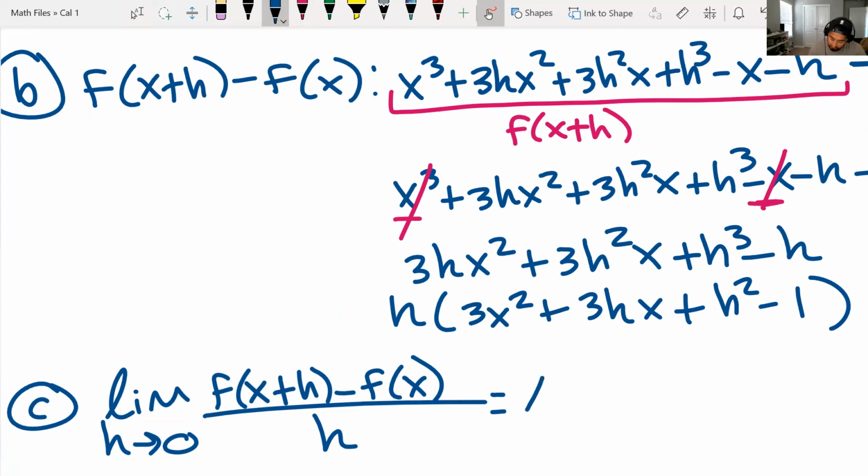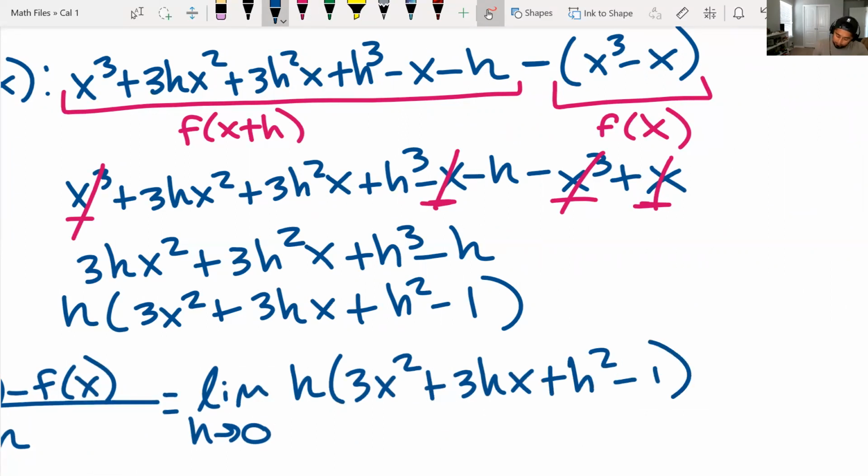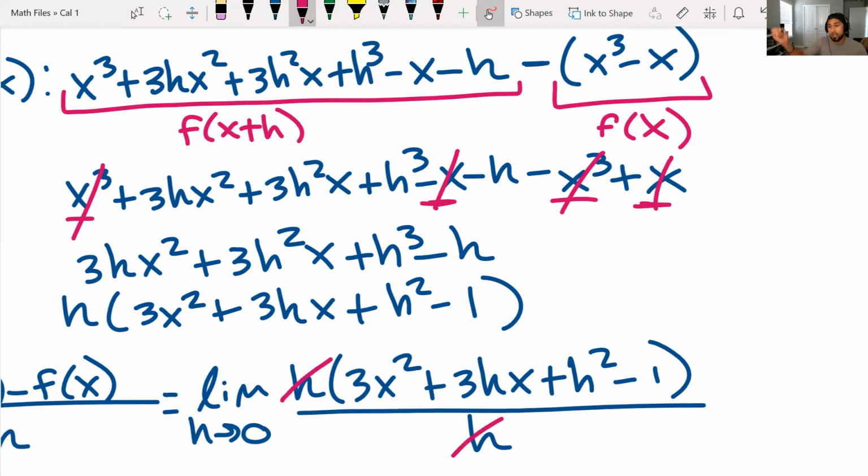So you'll have the limit as h approaches 0 of h times 3x squared plus 3hx plus h squared minus 1 all over h. And like butter, these h's will cancel. Does that make sense? Probably not. All right.